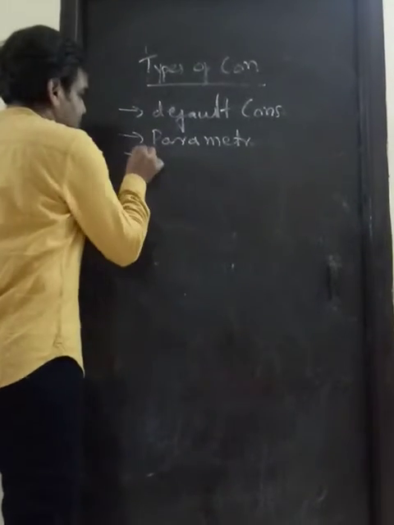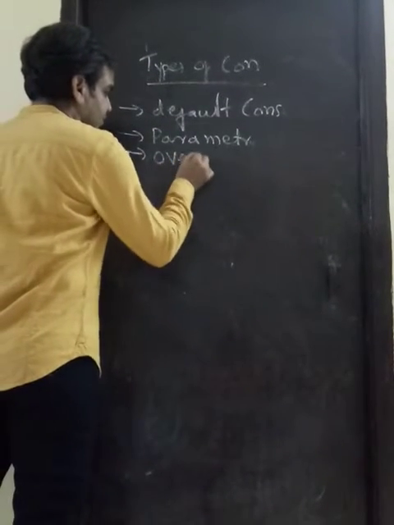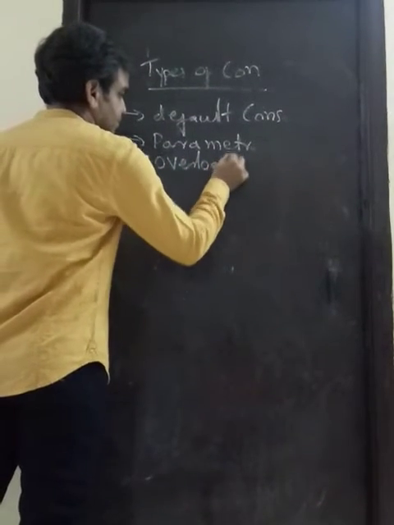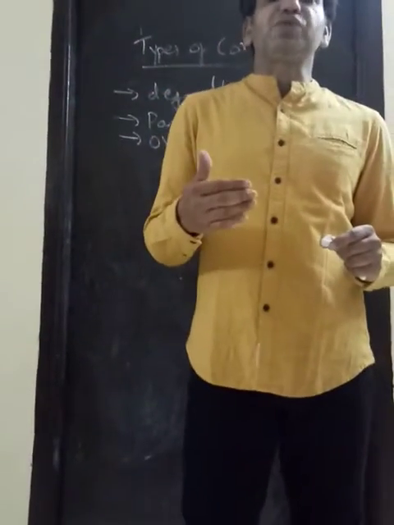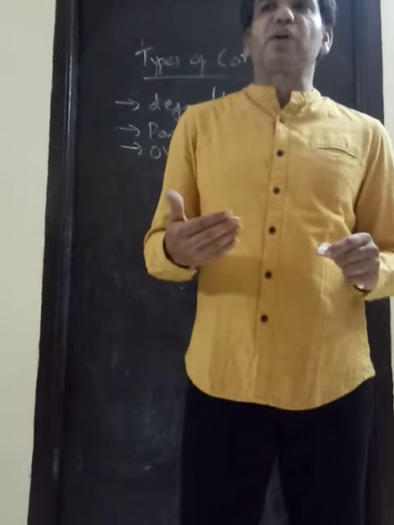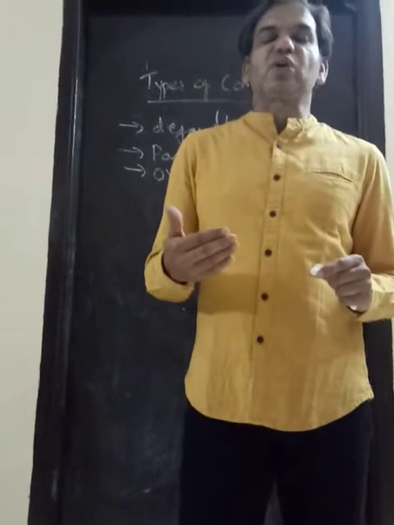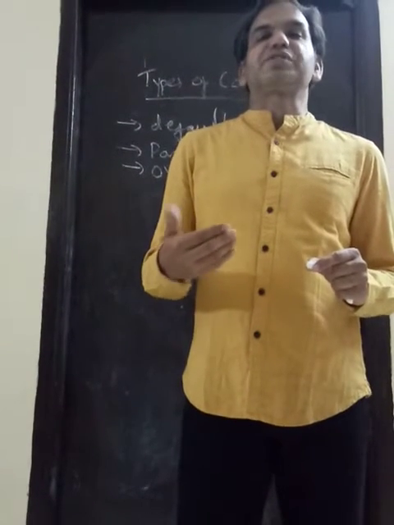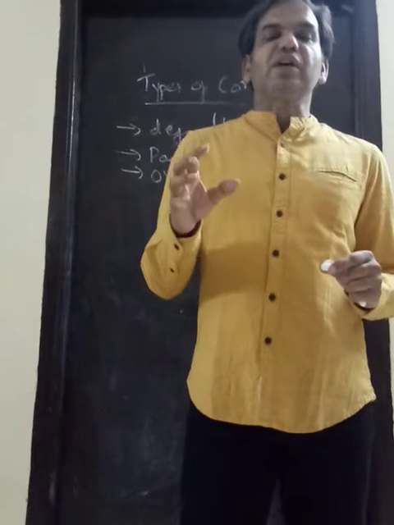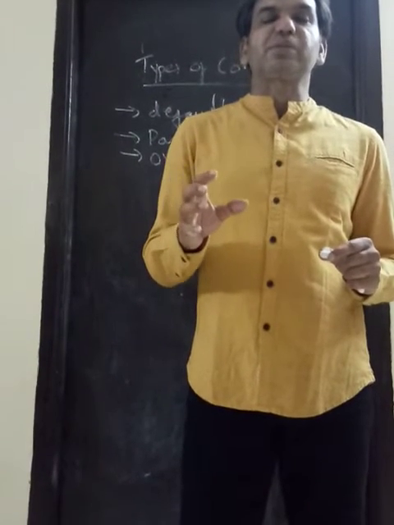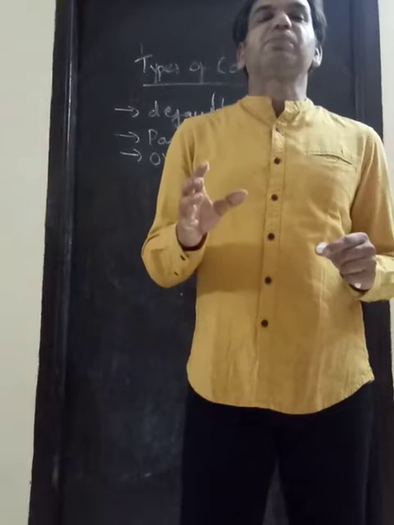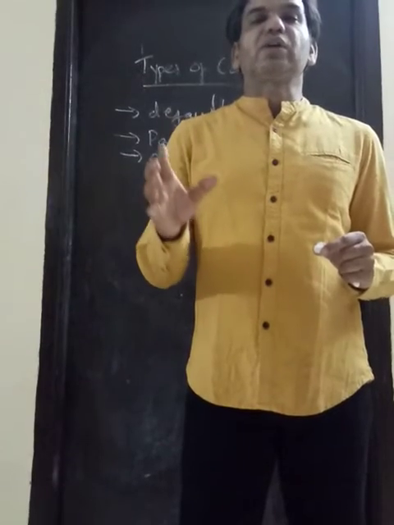The next one is the overloaded constructor. If we use multiple constructors in a program, it is called overloaded constructors. Using constructors multiple times in a C++ program is called the overloaded constructor concept.